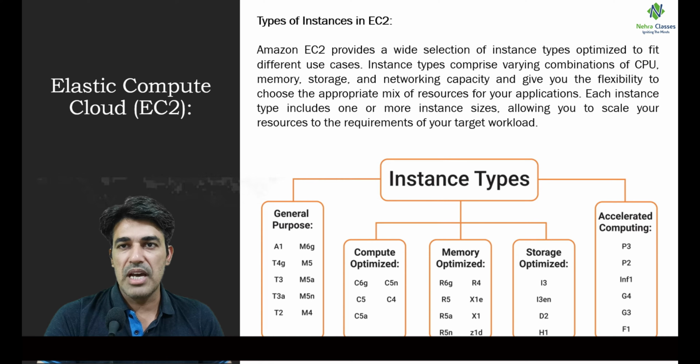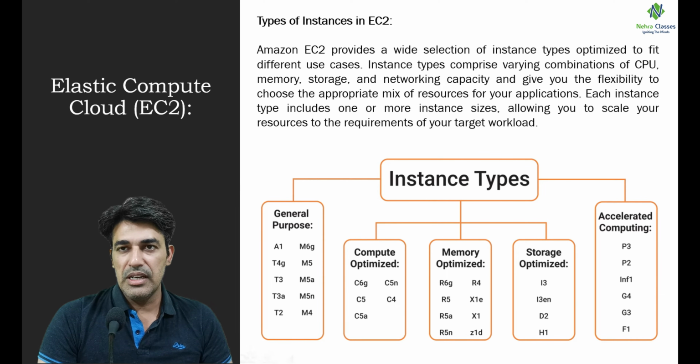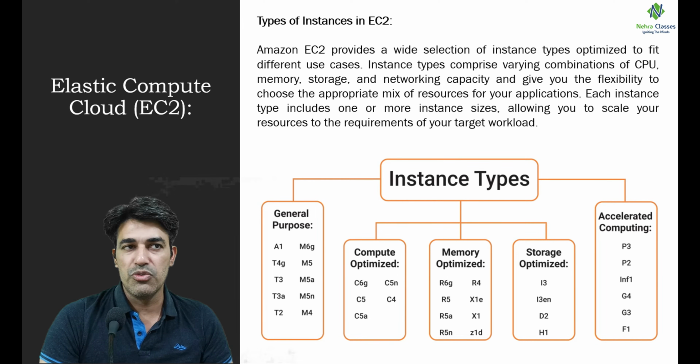Now we will talk about the types of instances in Elastic Compute Cloud. Amazon Elastic Compute Cloud provides a wide selection of instance types optimized to fit different use cases. Instance types comprise varying combinations of CPU, memory, storage, and networking capacity, and give you the flexibility to choose the appropriate mix of resources for your applications.